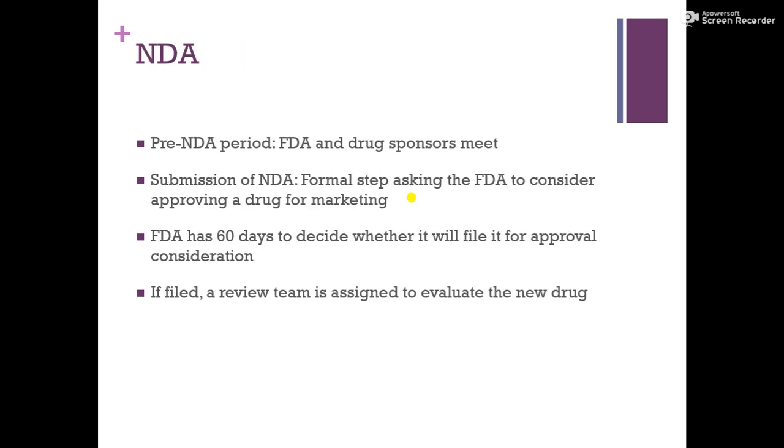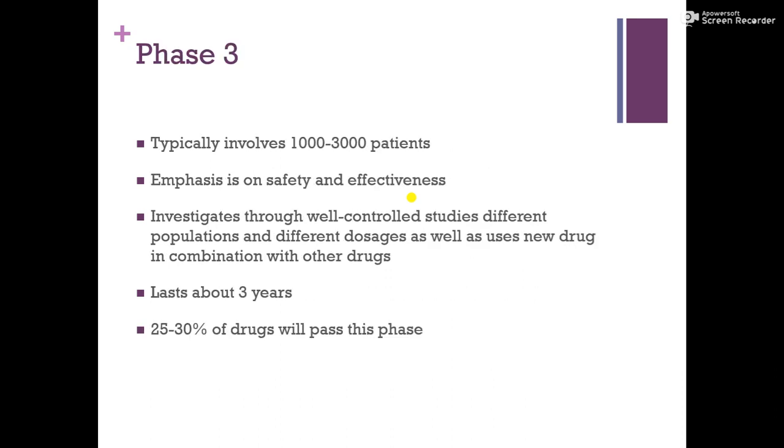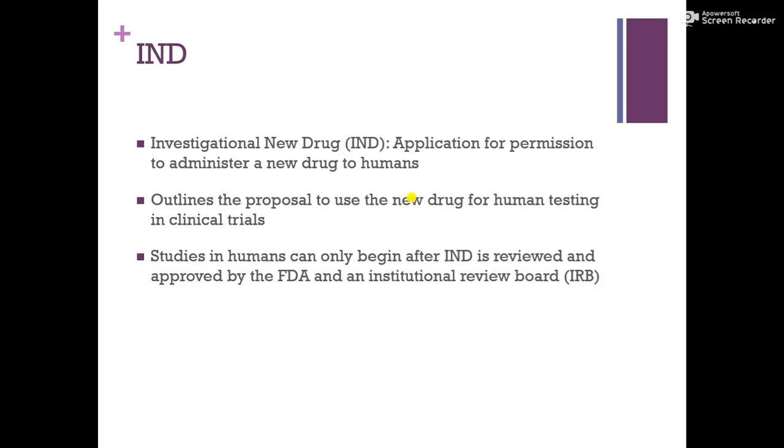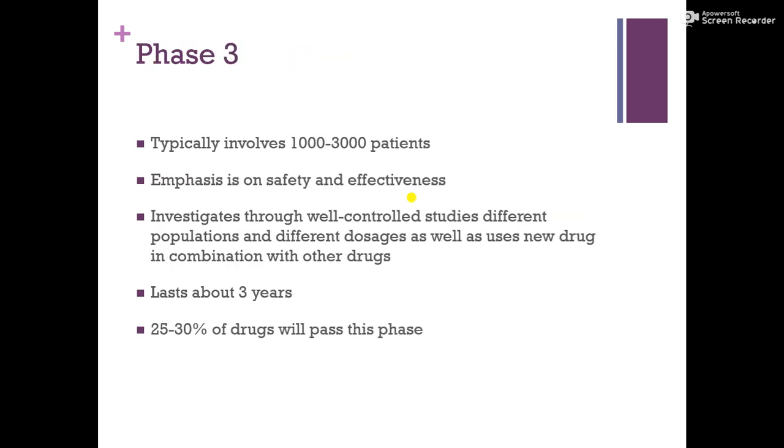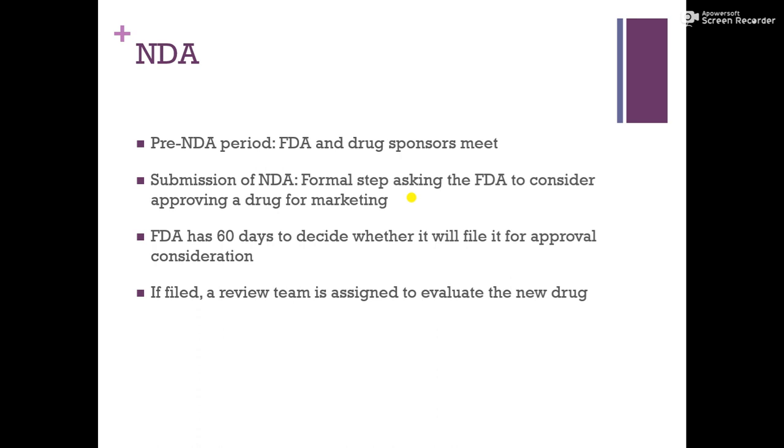NDA, the pre-NDA period, when the FDA and drug sponsor meet. Submission of new drugs: you can see here the investigational new drug. The NDA is a formal step asking the FDA to consider approving a drug for the market, and the FDA has almost 60 days to decide whether it will file it for approval consideration.